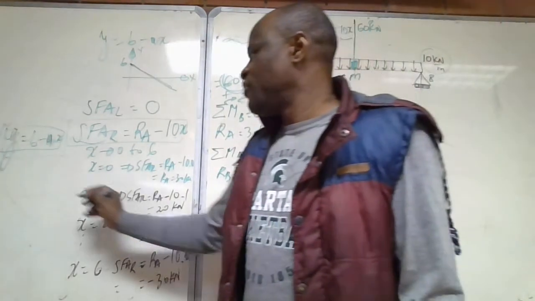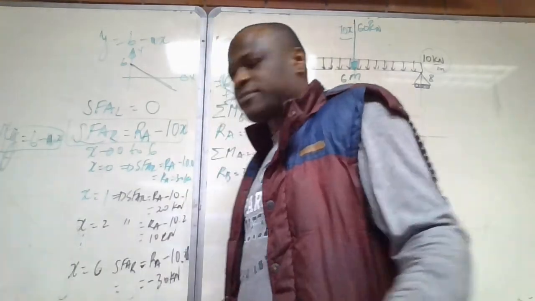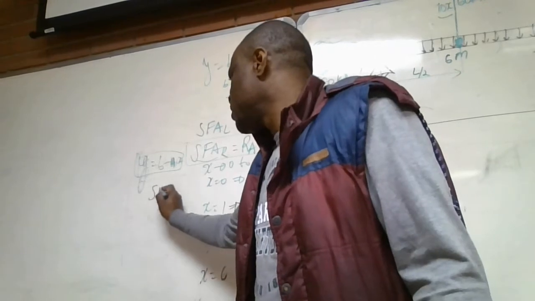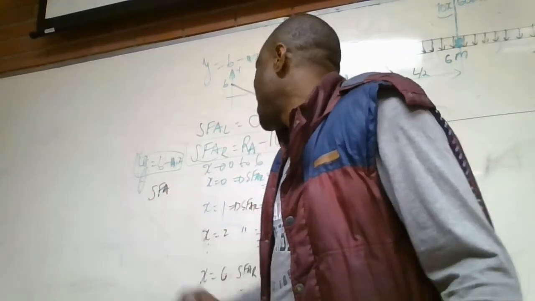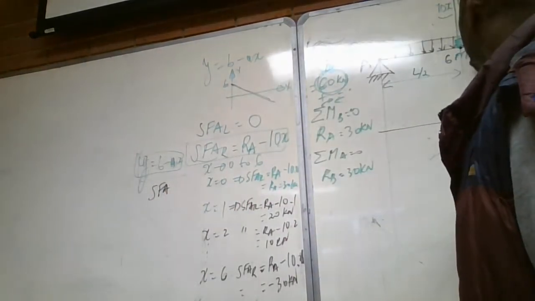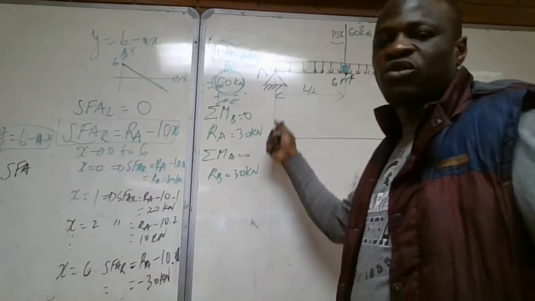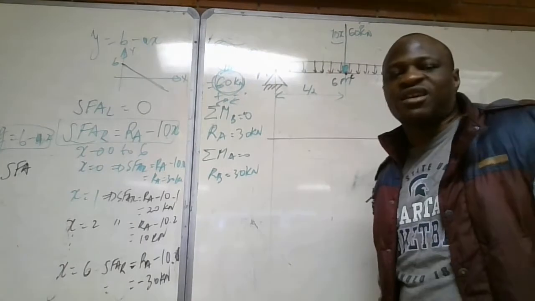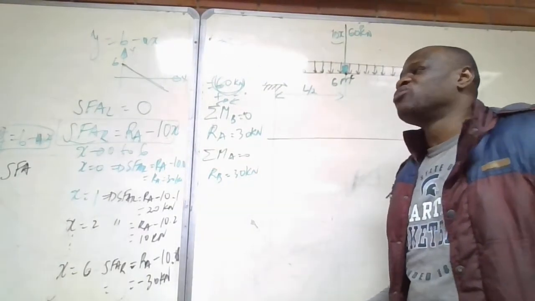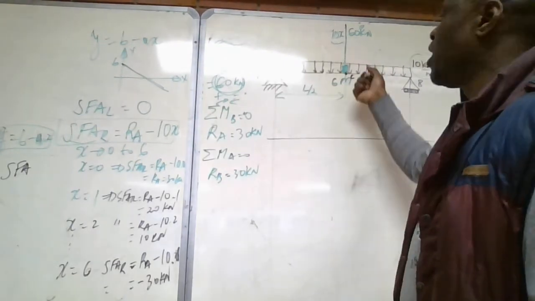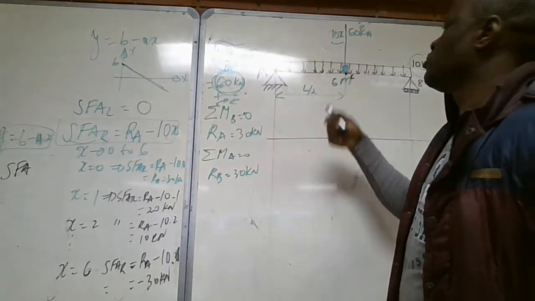Now we will go to the other point as well. We can take a point C here as well, where there's the resultant load. We can take it if we want, but we don't have to. We can move from A to B, but if we want more accuracy, we can still take it.